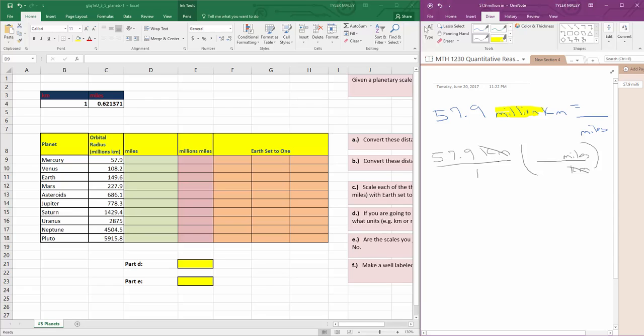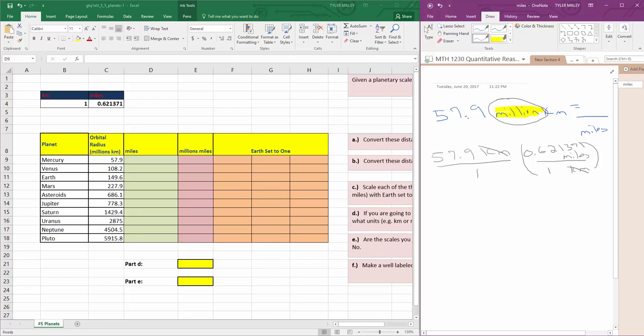If I look over here at my fact, I can fill this in. There's 1 kilometer for 0.621 miles, so this would give me my answer in miles. Now we have to think about applying the million part.